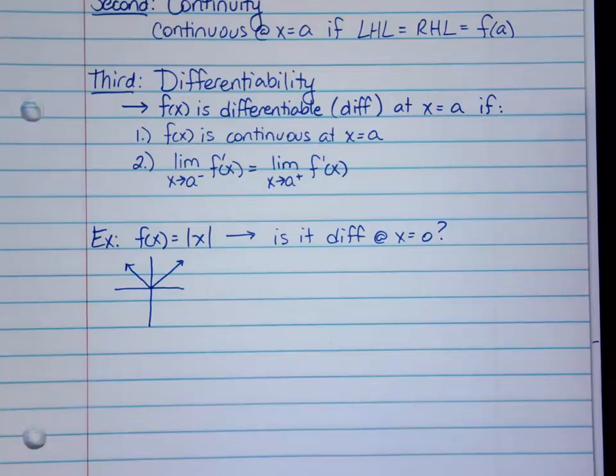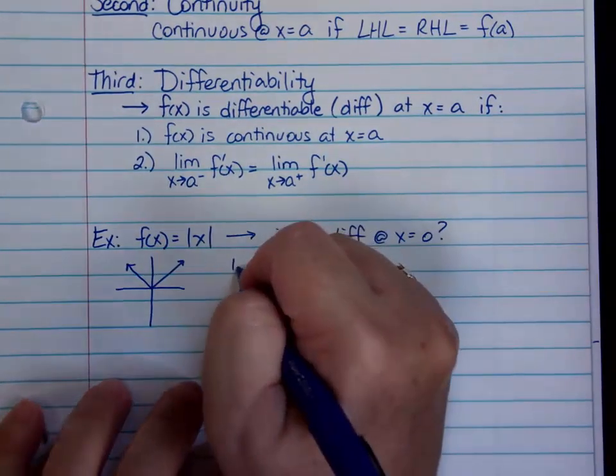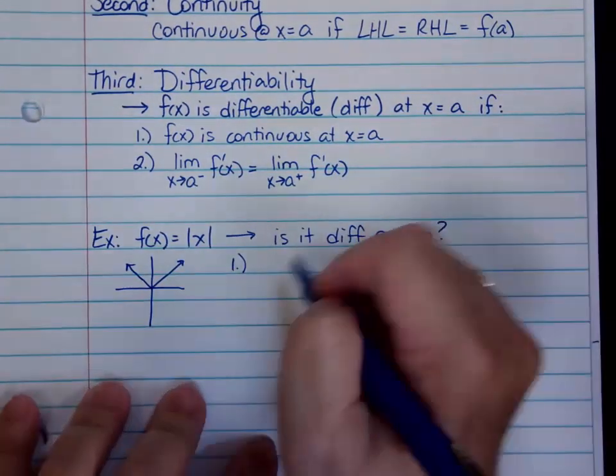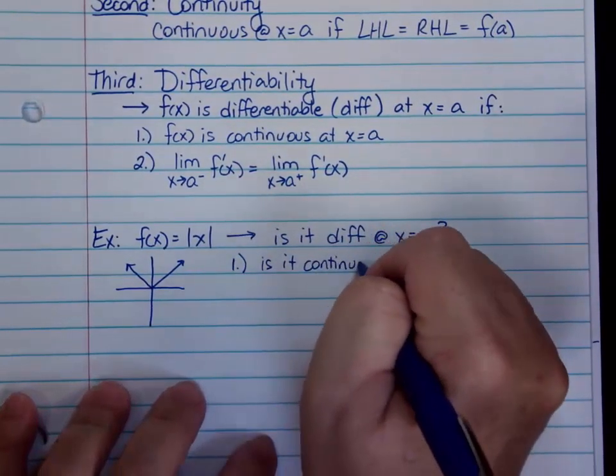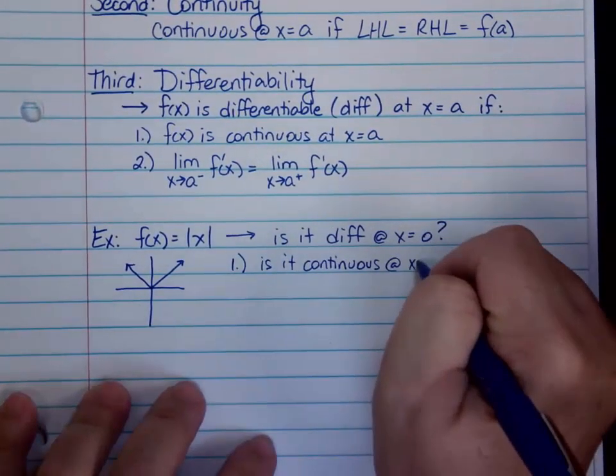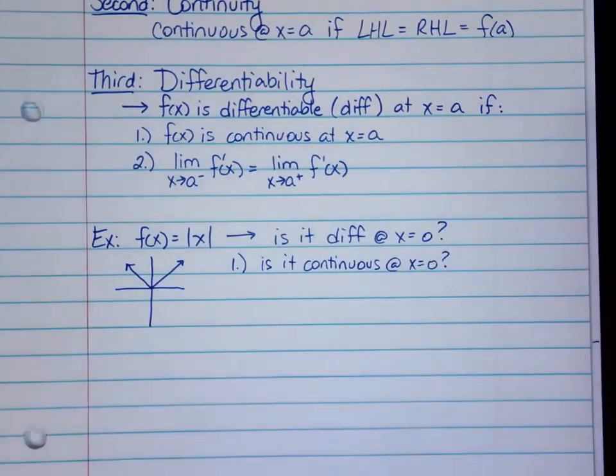Okay? So, first test. Is it continuous at x equals 0? Is an absolute value graph continuous at x equals 0? Is there a hole there? No. So it is continuous.